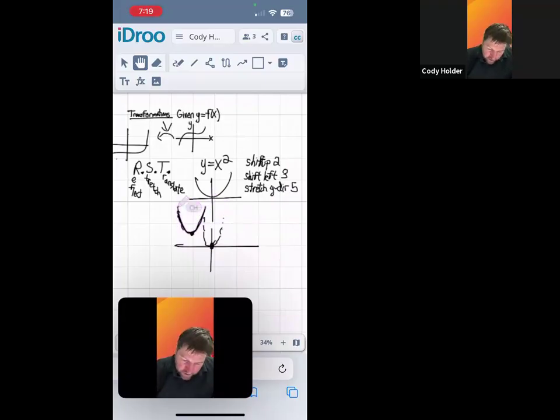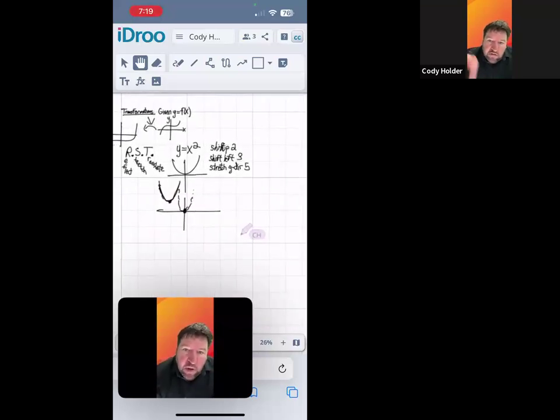Now, what about the formula? Well, shifting up by 2 means we'll take y and replace it with y minus 2. If we want to go left, we'll replace x with x plus 3.